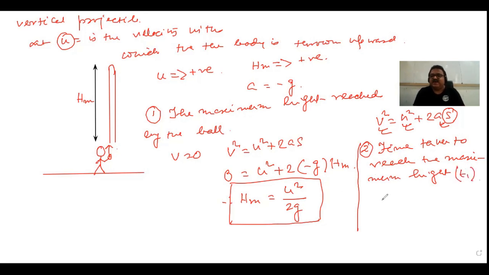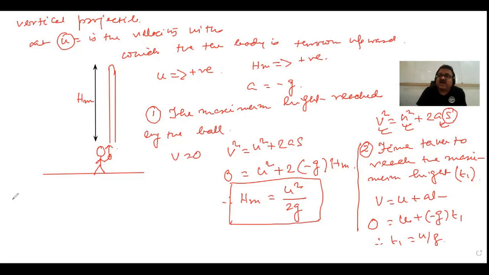Now I'm going to use this formula v equal to u plus at. At maximum height, v equal to what? 0. u is already known to us and that is positive, plus a is always negative, minus g, and t is T1. So T1 equal to u by g. Now, let us try to find out time of flight.